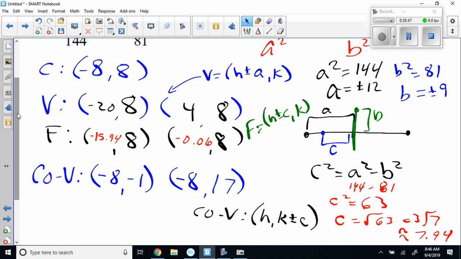What happens if it's vertical? Those indicators swap to the other coordinate, right? Instead of H plus minus A, it'd be H comma K plus minus A, right? You're just swapping that. Any questions? Okay.